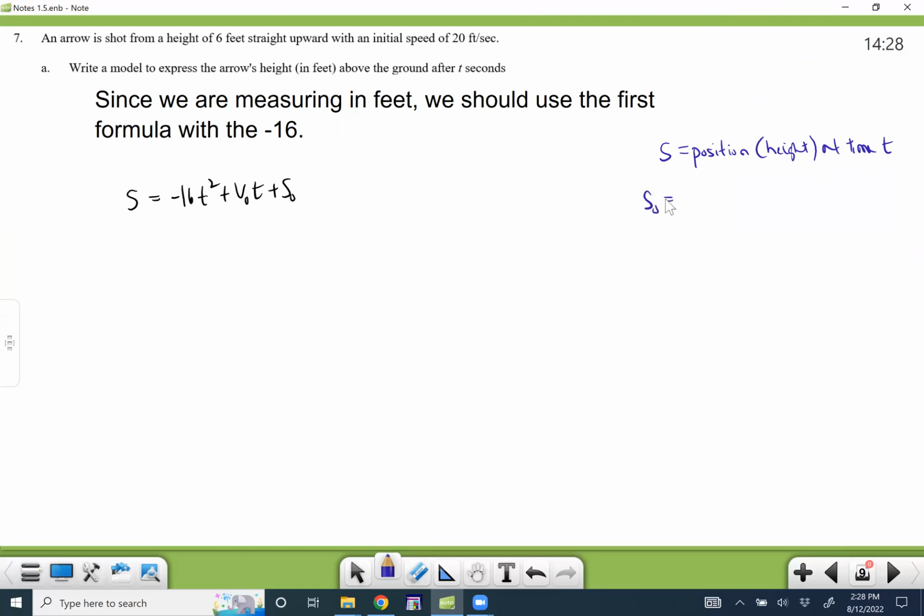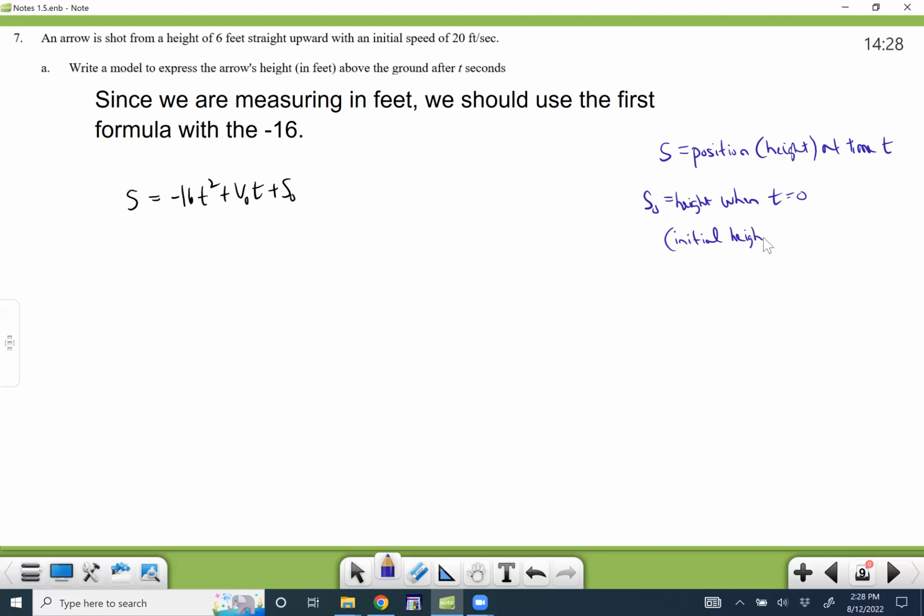S naught must be the same thing, the position or height, but it's going to be the height when t is 0. In other words, we call that the initial height.